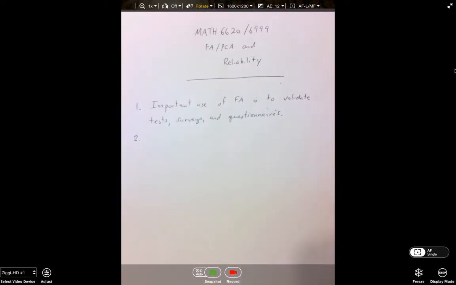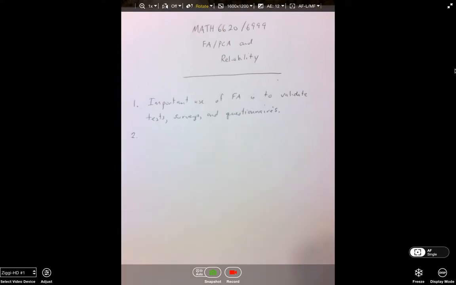So, now, don't lose sight of the goal here. The goal here is not, again, to turn you into an expert on reliability, validity, and principal component analysis, factor analysis. The goal of this class, as I've said many, many, many times, is to get you ready for the quantitative research component of your master's thesis. I don't know what you're going to do.